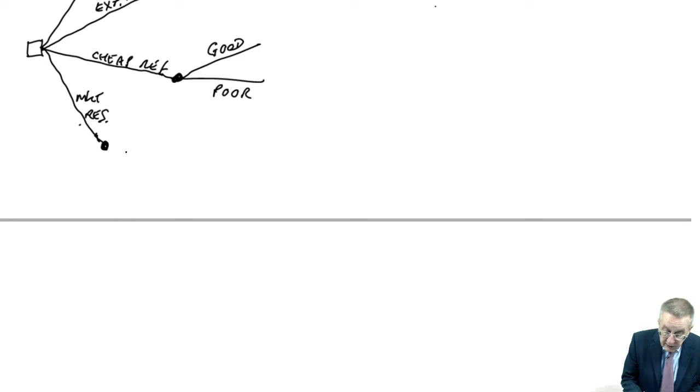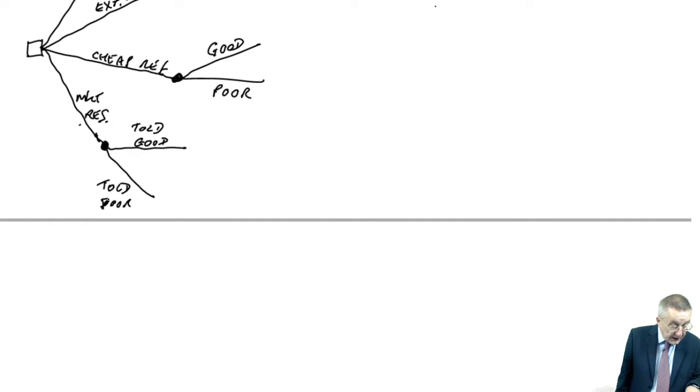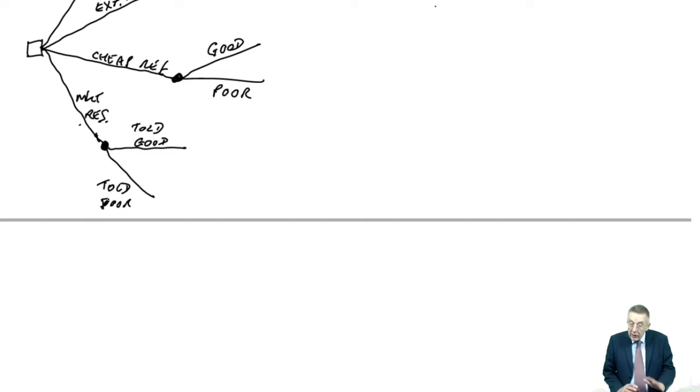So if we do market research, we wait, and they either say it's good, told good, or they come back and we're told poor. So again, I hope you agree, it's uncertain. It says somewhere the probability they'll tell us it's a good result is 68%. We'll worry about the costings and whatever later.